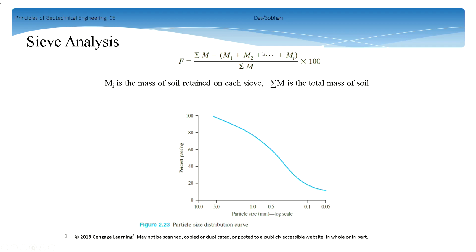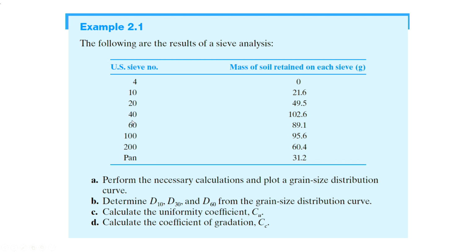With this equation, we can calculate the percentage according to each opening, or each sieve number, right? So finally we can get 1, 2, 3, 4, 5, 6, 7, 8 points on a particle size distribution curve. As long as we have these 8 points with their x and y values, we plot them together, and then we have a particle size distribution curve, right?